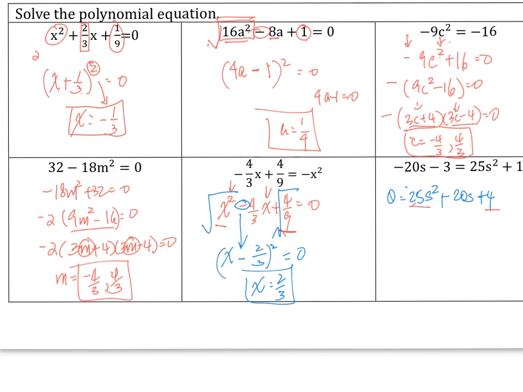So I can write 5s, square root of 25s squared is 5s, square root of 4 is 2. And the sign that I will use will be plus. And then s, by the zero product property, will be -2/5.